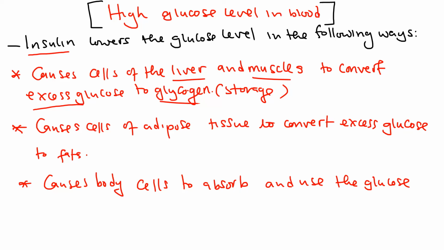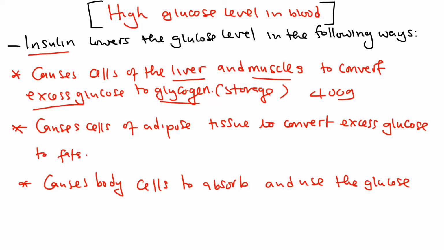Now, one thing that you should know is that the body can only store about 400 gram of glycogen, okay? So 400 gram of glycogen is stored in the liver and the muscles.